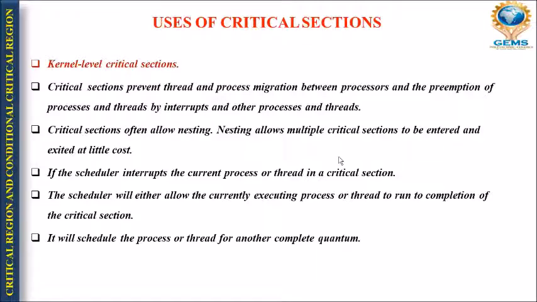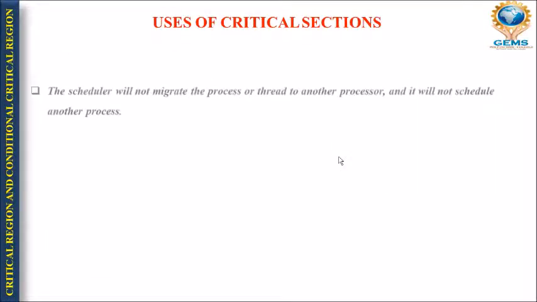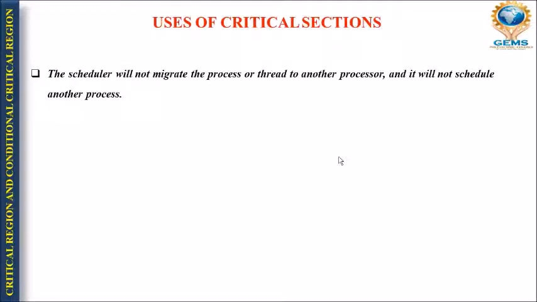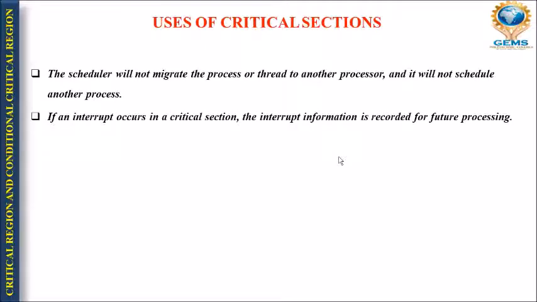Quantum is the specific time given for a particular process. Next, the scheduler will not migrate the process or thread to another processor, and it will not schedule another process. So migration of the process is prohibited in the critical section, right? If an interrupt occurs in the critical section, the interrupt information is recorded for future processing.